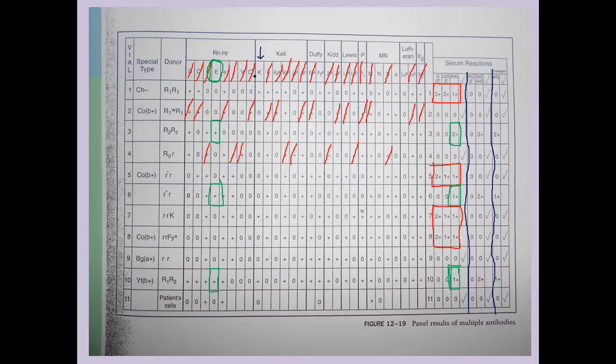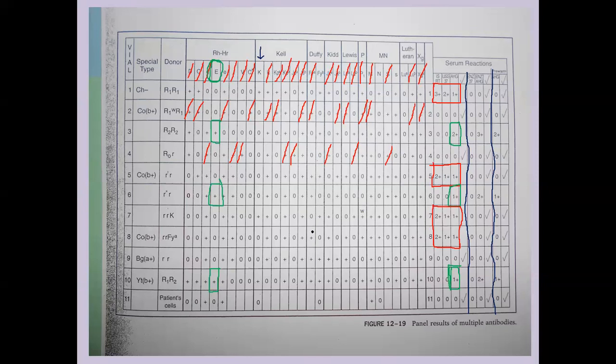So what do we have left? Duffy B. Let's see. Positive here, positive there. Negative, negative. Positive, positive. Negative, negative. Positive, positive. Negative, negative.